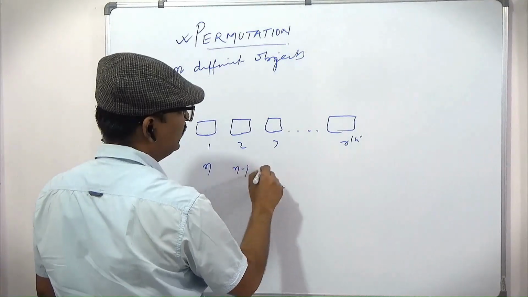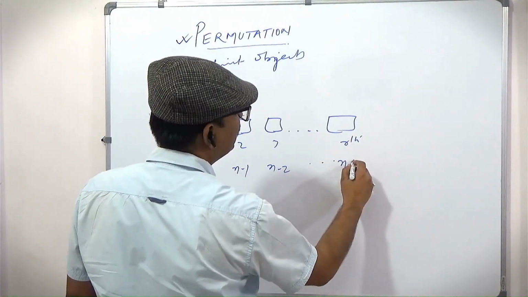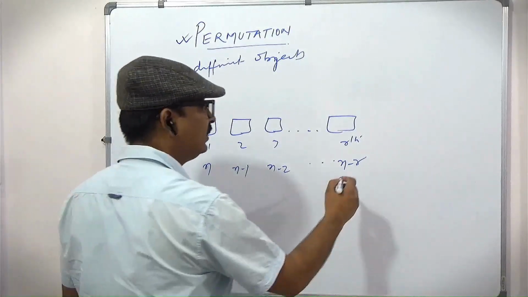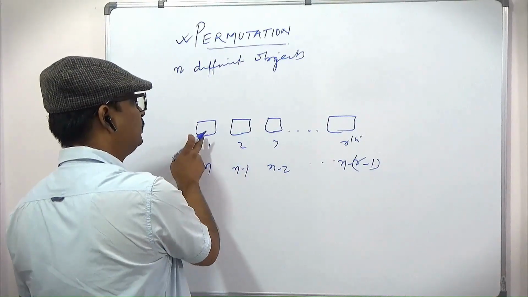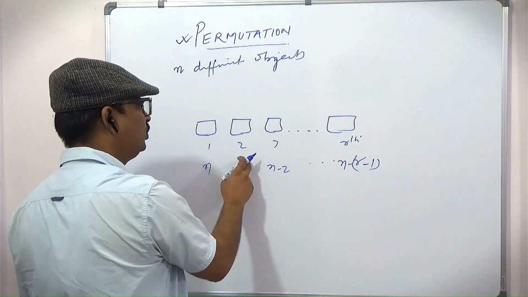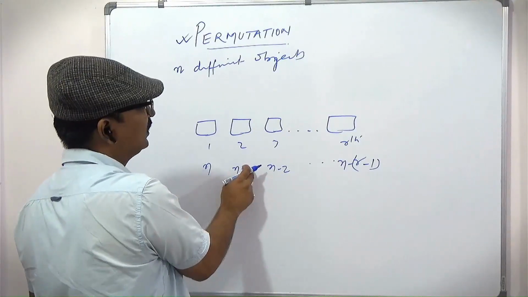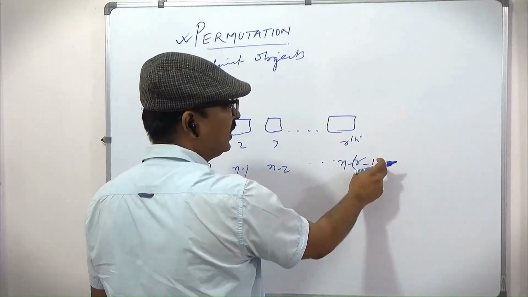Here n minus 1, here n minus 2, and here n minus r plus 1. See, when we are at place 1, it is n. When 2, it is n minus 1. So this is the place minus 1. At 3, this is minus 2. So this will be n minus r plus 1.